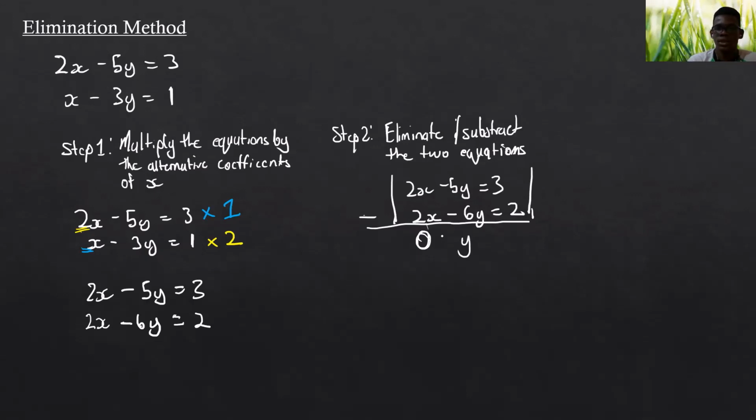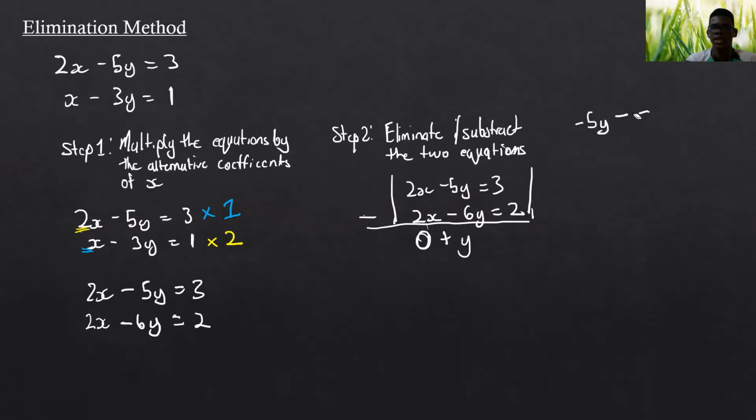If you can't see this, you can always write it in a corner: minus 5y subtracted by minus 6y. A double negative will give you a positive, so you end up with positive 6y minus 5y. Minus 5 plus 6 is 1, so you end up with 1y. So that's how we end up with a positive y.